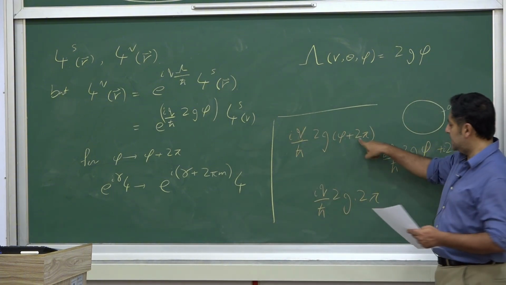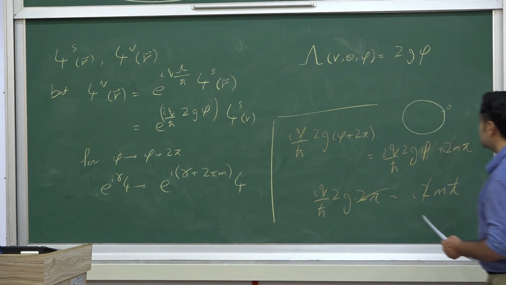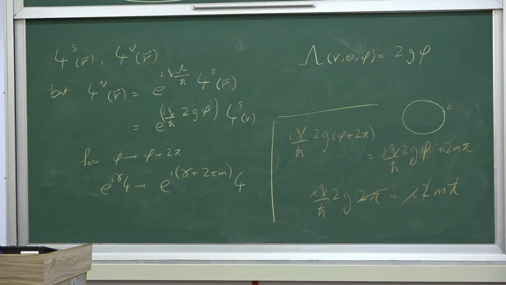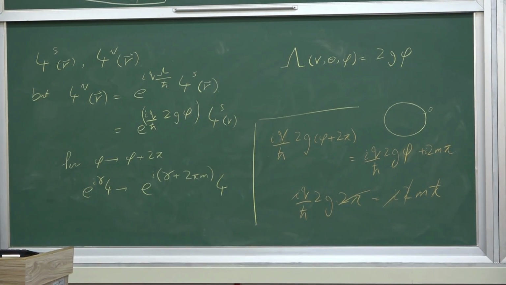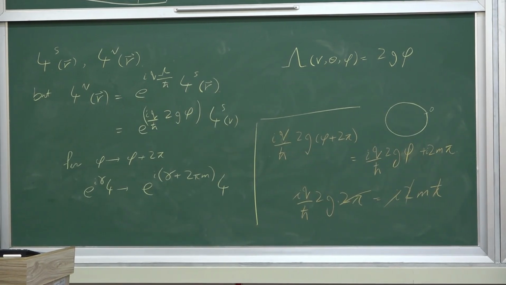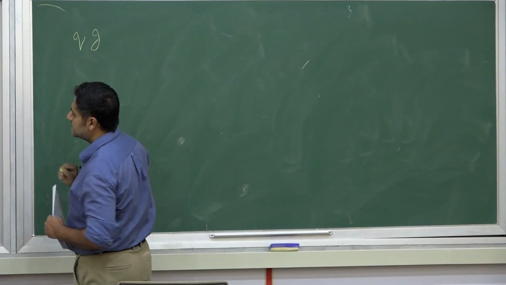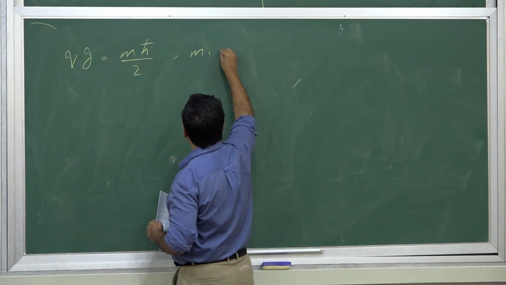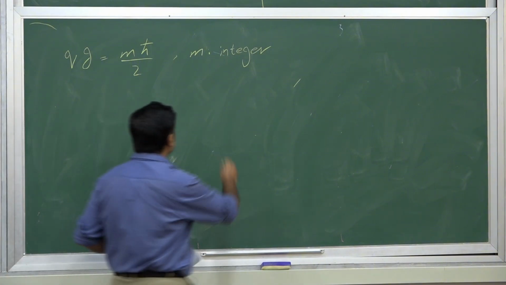This and this cancel, and this term gives me, so the pi's cancel, the i cancels, and I get qg is m h bar over 2, and m is an integer. So this is called Dirac's quantization condition.